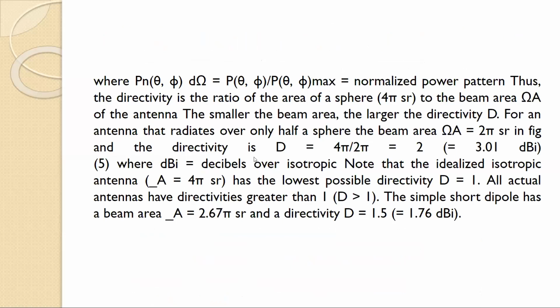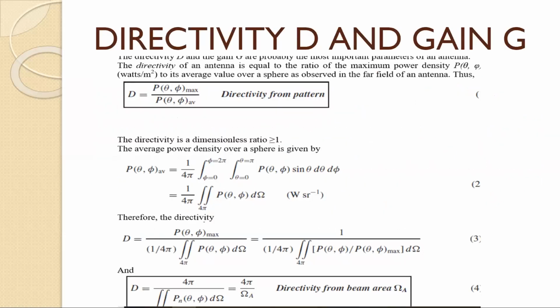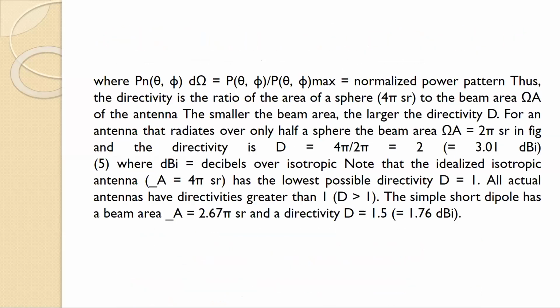So here we are concluding some of the important key terms. Normalized value Pn of theta comma phi d omega equals the ratio of P of theta comma phi to P of theta comma phi maximum. That is the normalized power. So these are the key points we discussed in the previous slide.